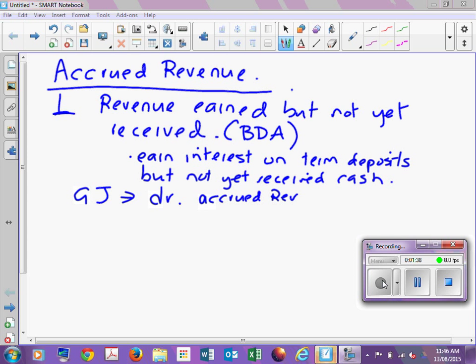I'll give you some notes on that in a second. It's an asset because there's future benefit. What's the future benefit? You're going to get the cash in the future. Okay? So debit the accrued revenue, credit the revenue because you've actually earned it. So in this instance, the balance day adjustment happens first.